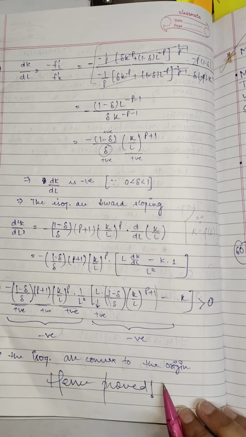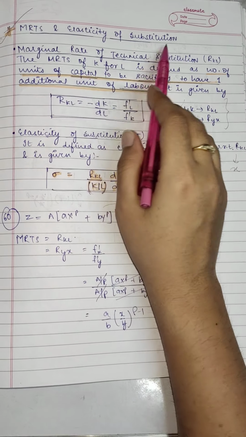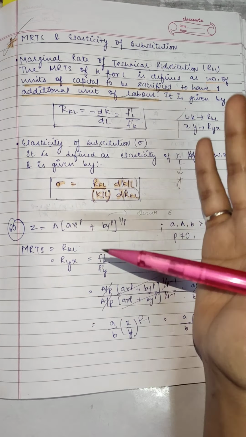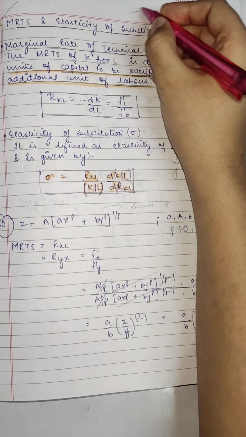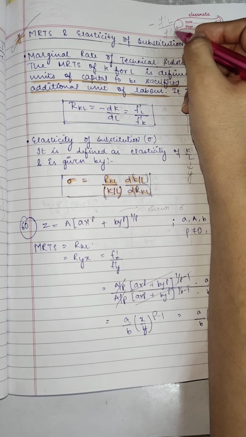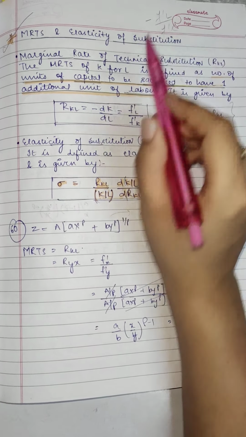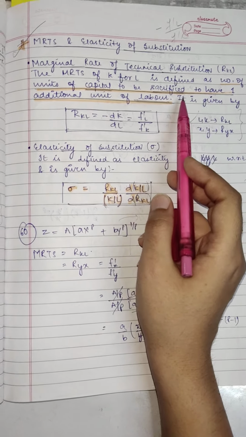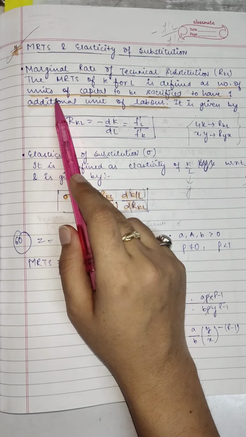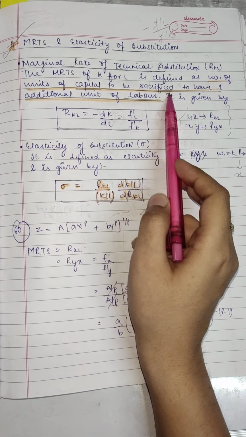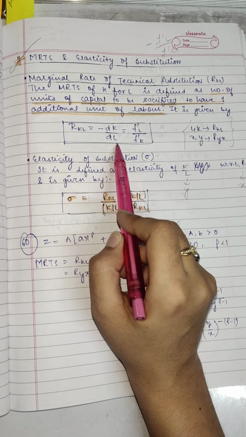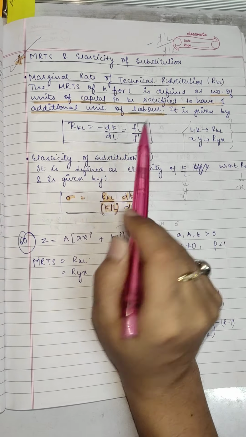The next topic is marginal rate of technical substitution and elasticity of substitution. What you just encountered, that is the slope of your isoquant, minus f'_L upon f'_K, is closely related to this particular element, that is the marginal rate of technical substitution. Basically, it is defined as the number of units of capital to be sacrificed to have one additional unit of labor, that is given by minus dK/dL, which is equal to f'_L upon f'_K.